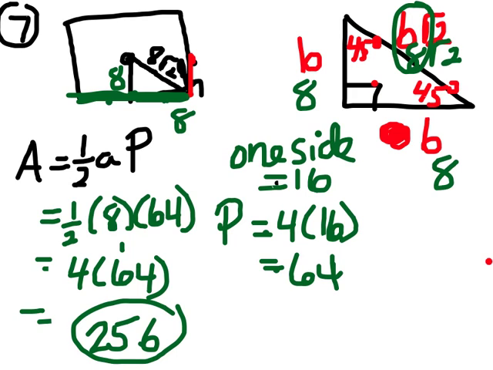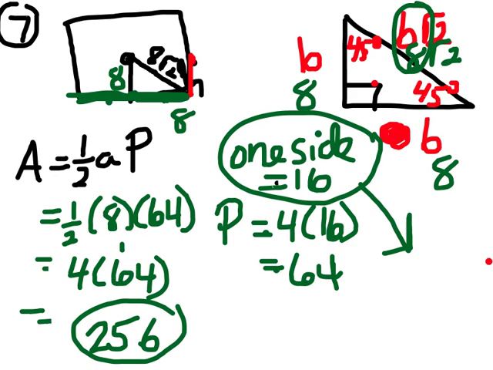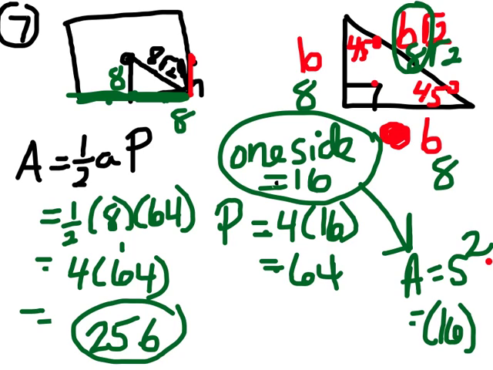Now notice that in the course of doing this, you figured out what one side was. It was 16. So yeah, at that point, you could have come off to the side and said, oh, the area of a square is just the side squared. Okay, well, one of the sides, I just found it. It was 16. Well, 16 squared is 256. I don't care which method you're using because a lot of times you could go either way on it if you just do enough work.